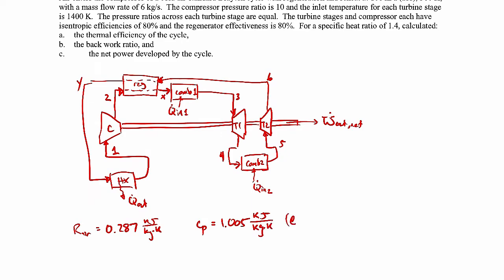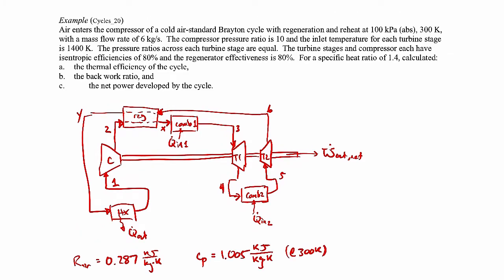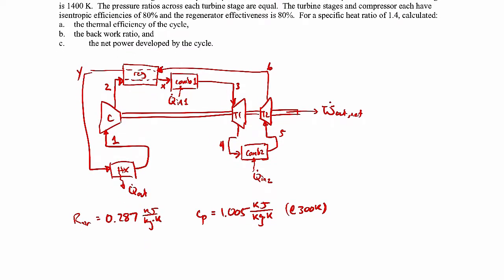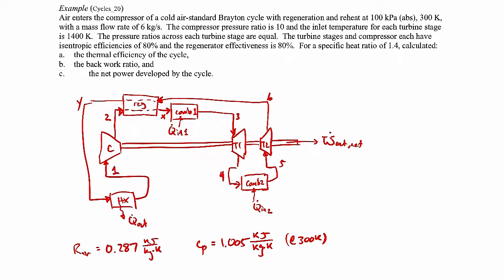And I looked it up specifically at 300 Kelvin. The reason I did that was because that's the inlet temperature, 300 Kelvin, at state 1. We're just assuming that it's constant. The cold air standard analysis is not particularly accurate here because you'll notice that the temperature coming in is at 300 Kelvin, but the maximum temperature is 1400 Kelvin.